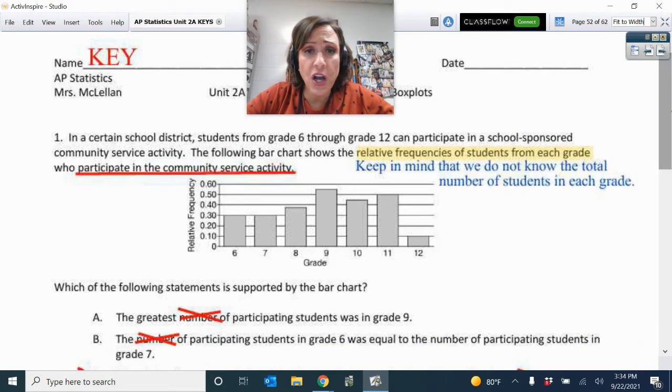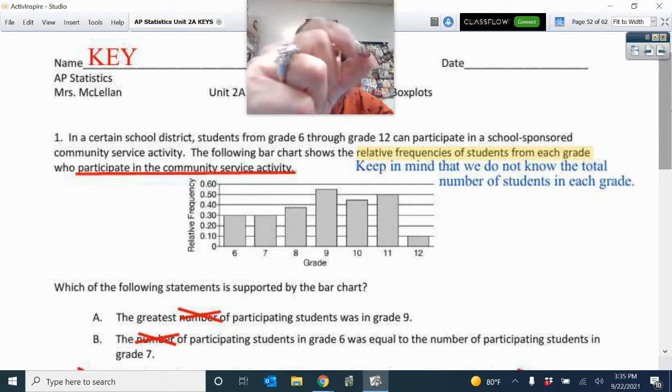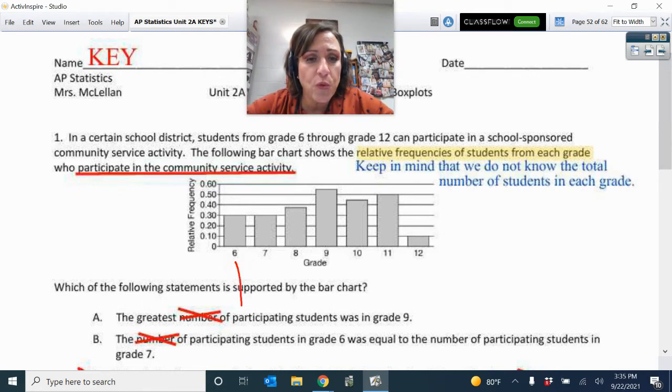Now, on this first problem, it is so important that as we go through these problems, you fully take into account if the total is known for each section and each set of data. In this case, they do not tell us the total number of sixth graders or the total number of seventh graders and eighth graders and so on.